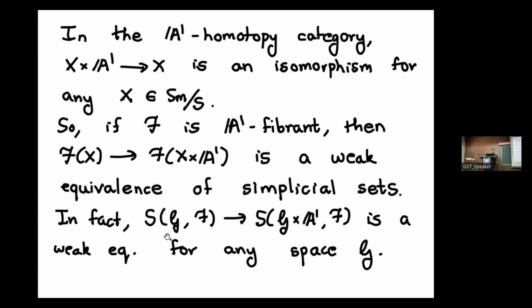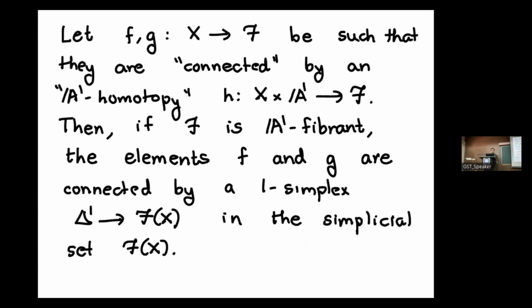And in fact, more generally, if I take any G, then the simplicial set of morphisms from G to F is weakly equivalent to the simplicial set of morphisms from G cross A1 to F. This is true for any G. So that's one way of understanding what A1 fibrant is supposed to do.